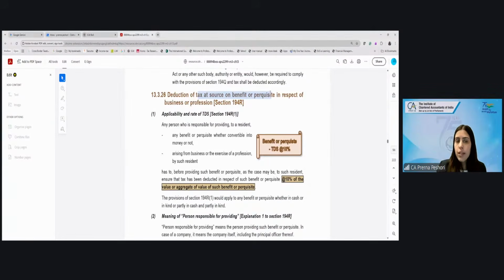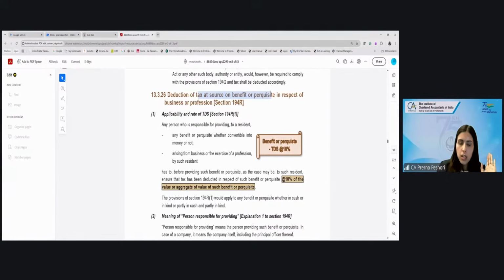Whenever a person is giving any kind of benefit, whether in cash or in kind, arising from business or exercise of a profession, TDS has to be deducted at the rate of 10%. The threshold is 20,000. Now, who is the payer here? Payer can be any person other than an individual or HUF. For an individual or HUF, there is a limit of 1 crore for business and 50 lakh for profession in the preceding financial year.